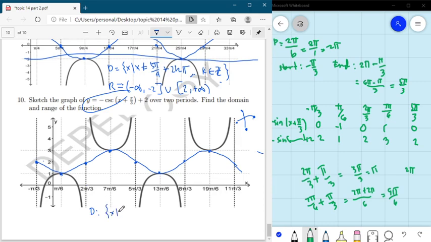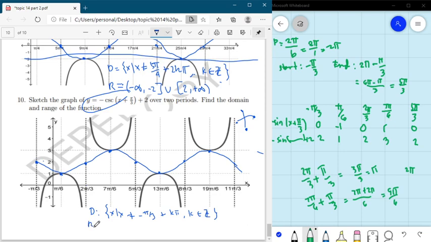It's x such that x is not equal to negative pi over 3 plus k pi, wherein k is the set of all integers.